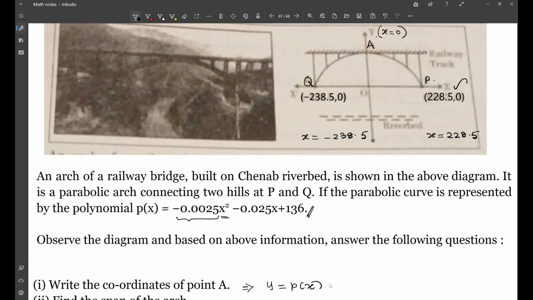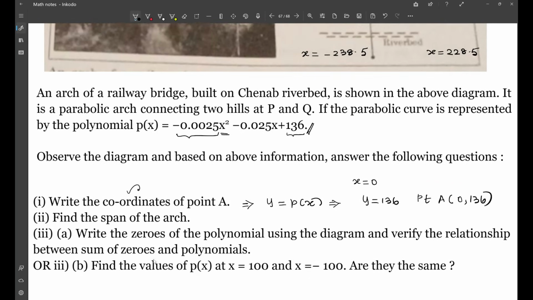So p of x in which x is equal to 0, y would be equal to 136. If we take the coordinates of the point A, that would be 0, 136.